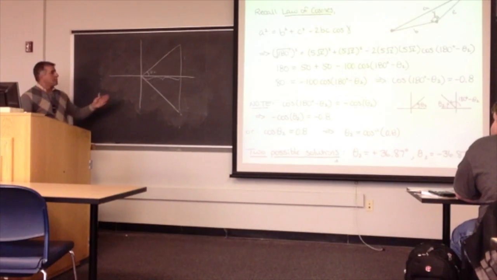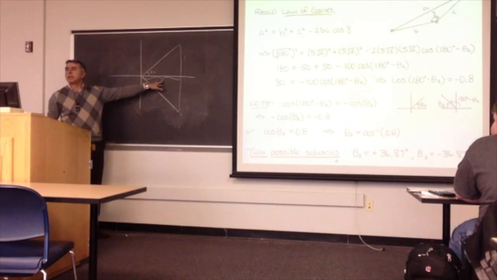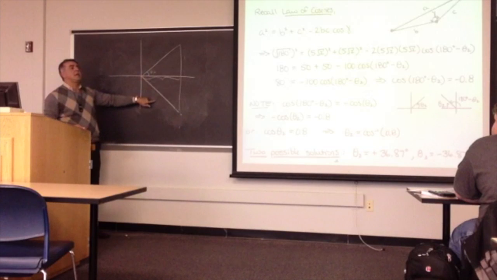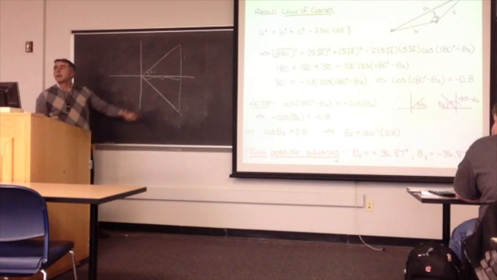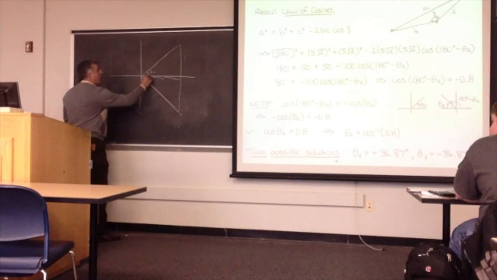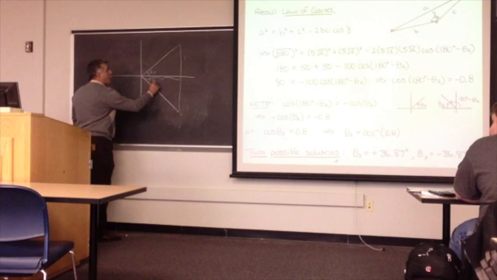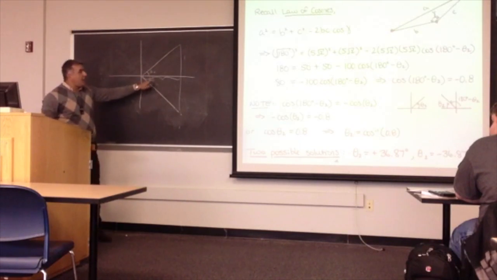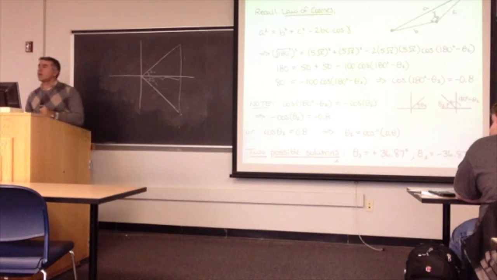They both share the x-axis, but one is in the first quadrant, the other one is in the fourth quadrant. Yes? You don't see it? I'm showing it to you. No, I can see it, but I don't understand. Well, because I'm saying that you get two answers. One theta 2 is negative, one theta 2 is positive. But they give you both the same answer for cosine.